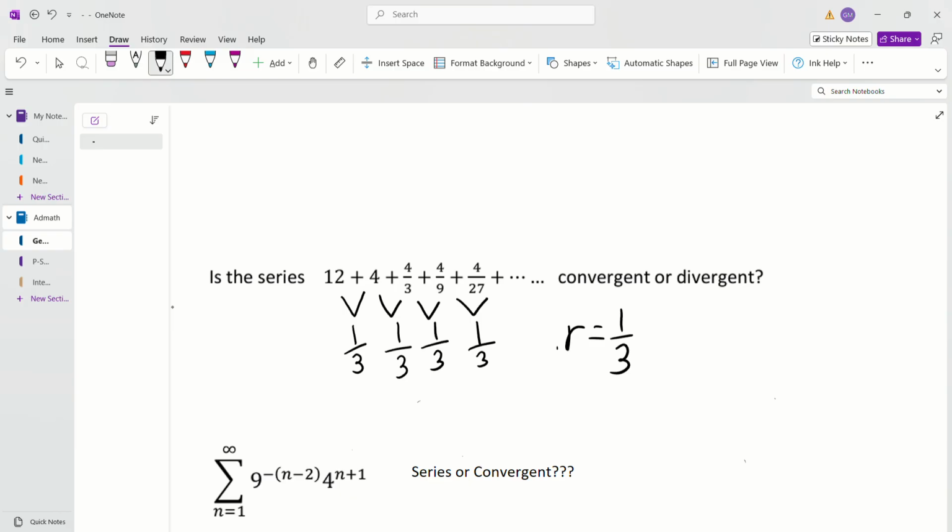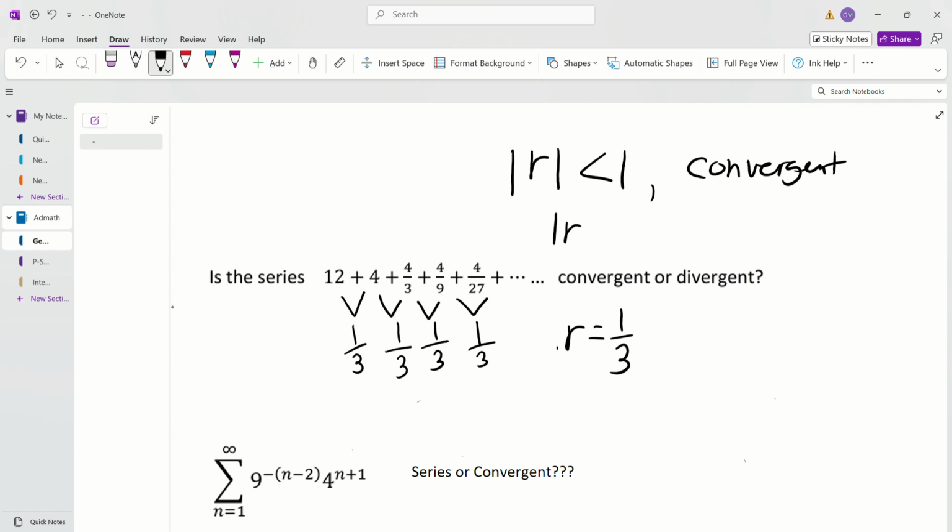So at this point we can now identify if the series is convergent or divergent by looking at the value of the common ratio. Again, if the absolute value of r is less than 1, then the series is convergent.